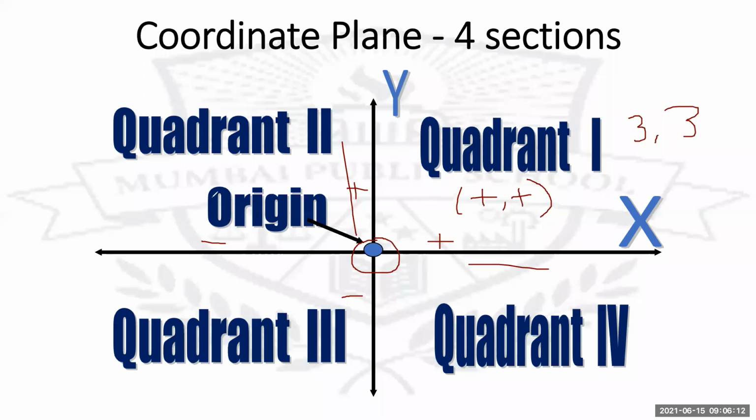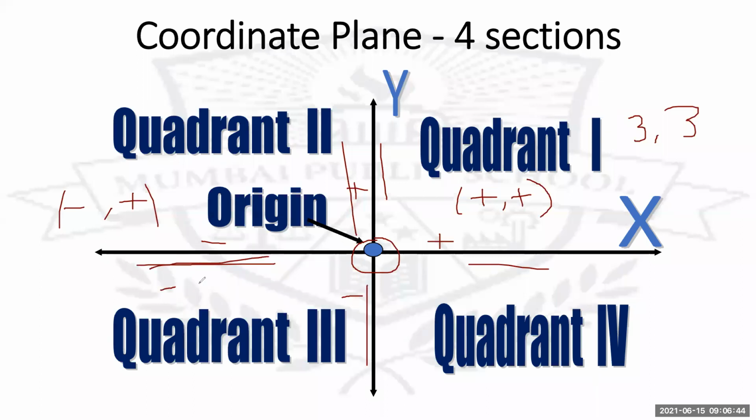Now in the second quadrant, your x is negative and y is positive. So you'll get the coordinates minus comma plus in the second quadrant. In the third quadrant, you will get x negative and y negative.